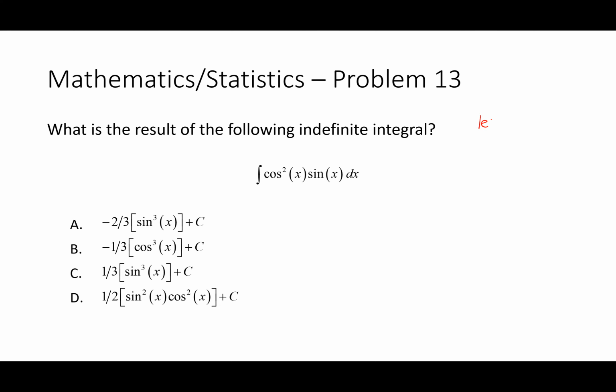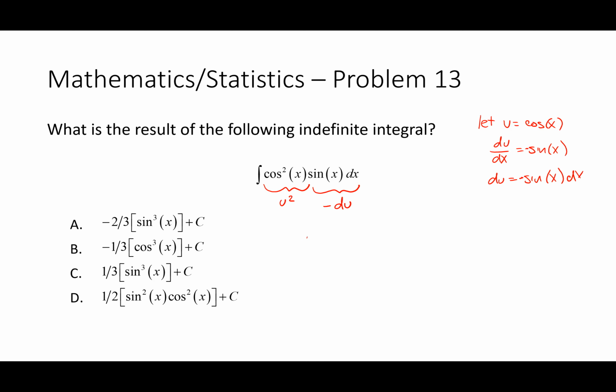So if I let u be the cosine of x, then du/dx is sine of x. That's just taking the derivative. So du is the sine of x dx. Oh, wait, I forgot my negative. The derivative of the cosine is the minus sine. So this is u squared, and this is minus du, right? Because the sign flips.